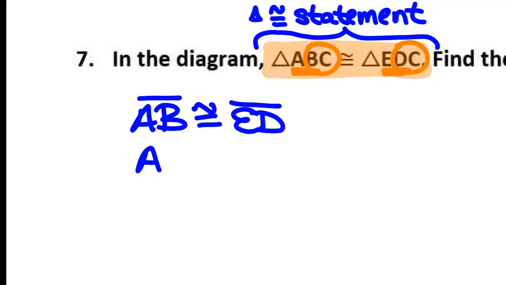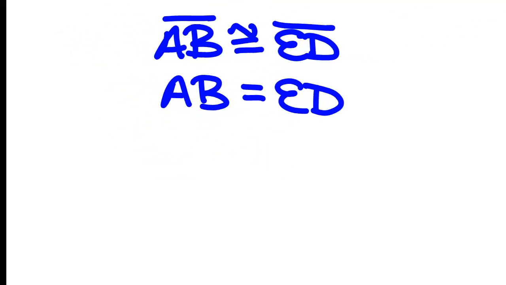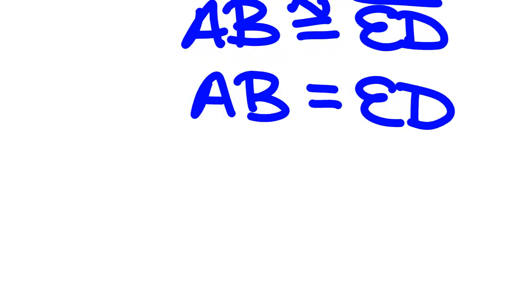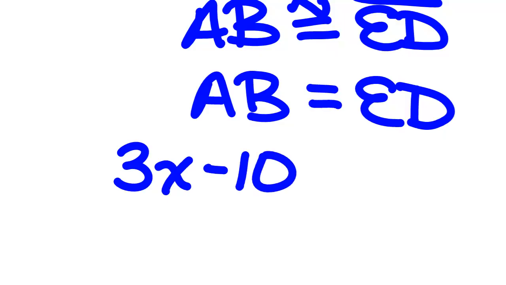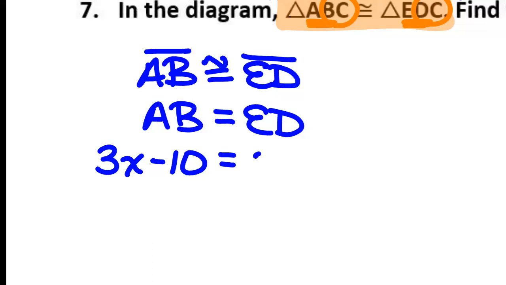That means the length of segment AB is equal to the length of segment ED. How big is segment AB? (3x minus 10). How big is segment ED? 20 yards. So I have 3x minus 10 equals 20.